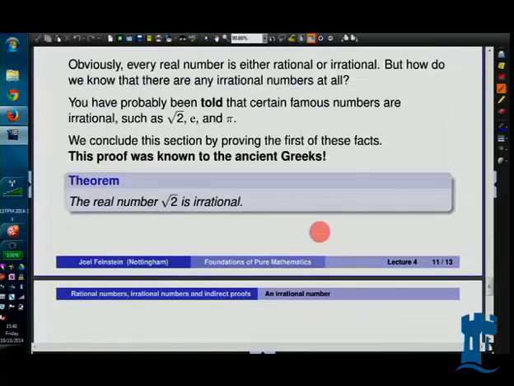Okay, so how do we prove that the square root of 2 is irrational? We're going to do it by an indirect proof, by supposing it's rational. Then we're going to use lowest terms to say then it can be written in some form. And then we're going to make some deductions which will lead to some nonsense, as you'll see.